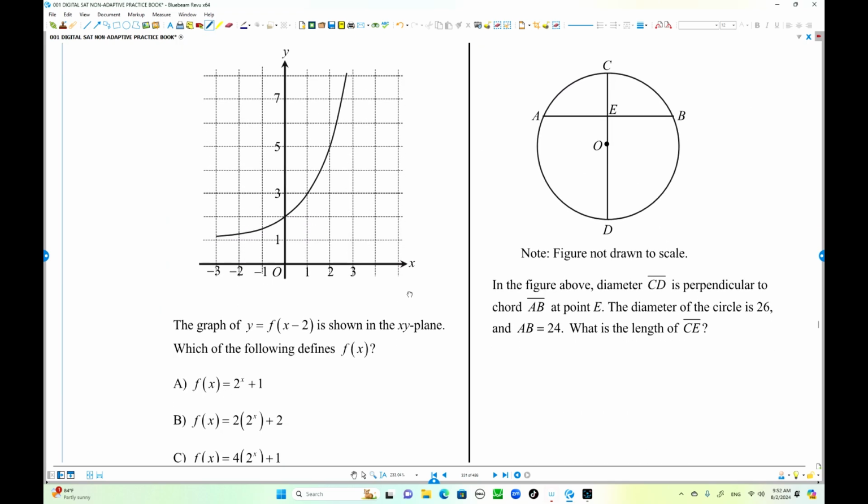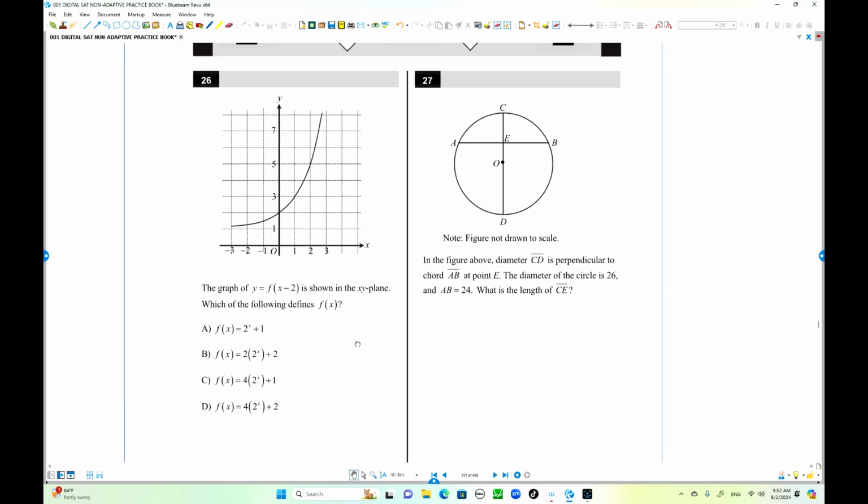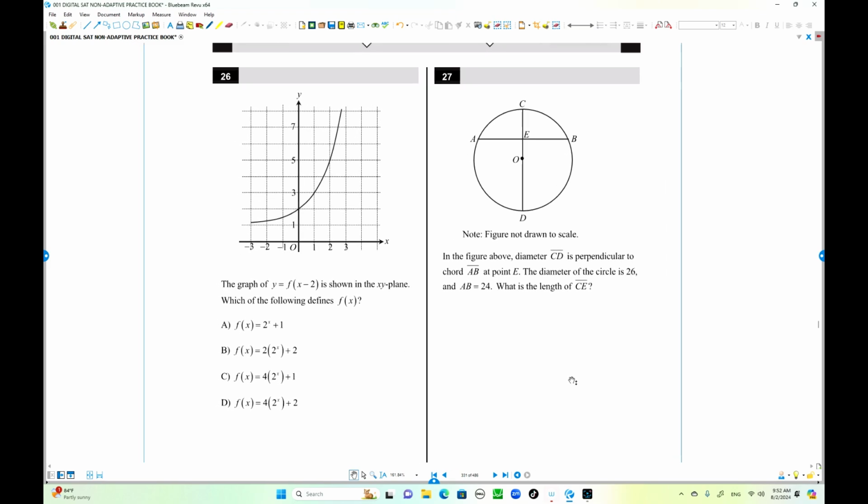Here is number 26. So the graph of f, y equals f of x, in the xy plane. Which of the following defines f of x? Maybe if you're good with these exponential functions, because this is what?